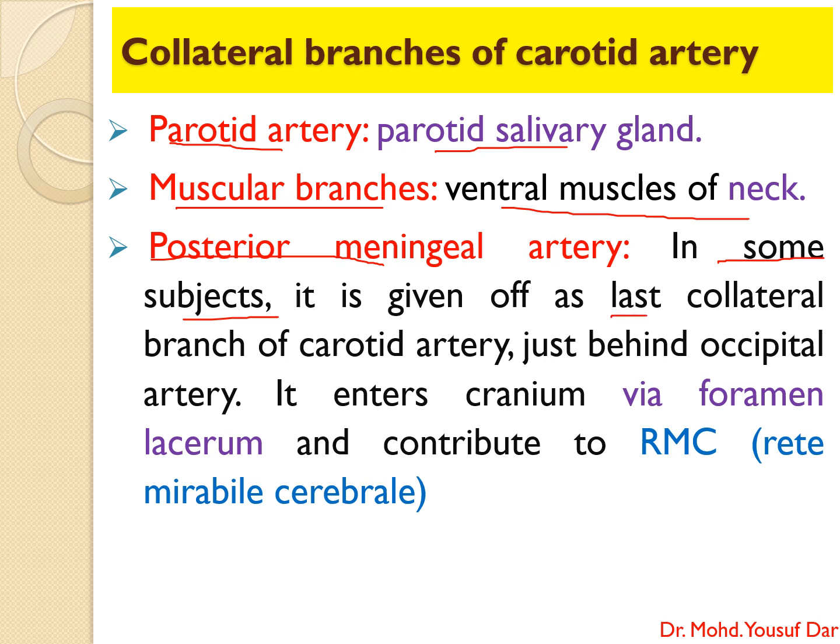Then it becomes the last collateral branch of the carotid artery. This posterior meningeal artery enters the cranial cavity via the foramen lacerum and helps in the formation of the RMC, rete mirabile cerebral. So these were the different collateral branches of the carotid artery.